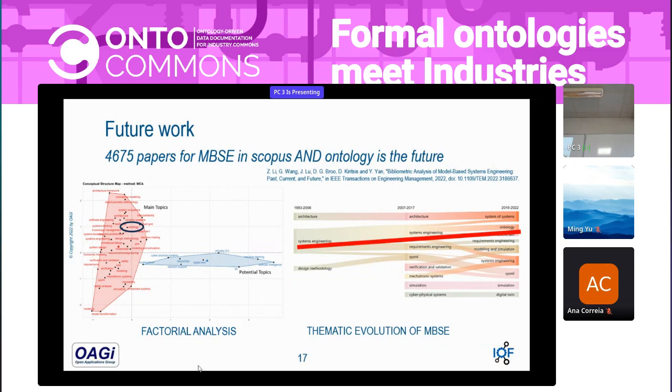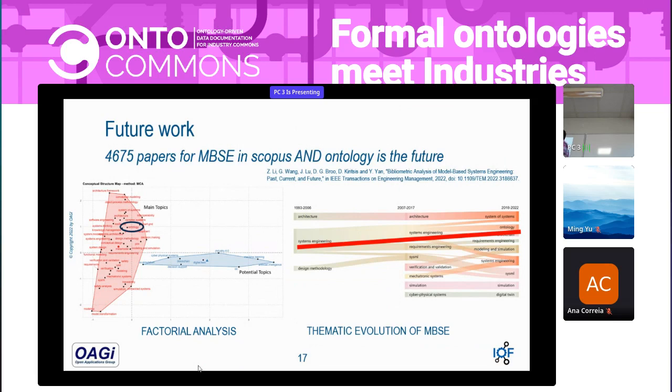Another tendency you can see in this figure, based on the paper analysis: in 1993, the first researchers proposed MBSE, and proposed that systems engineering is important. Then in 2007 and 2017, you can see they still thought systems engineering is very important in the MBSE domain.